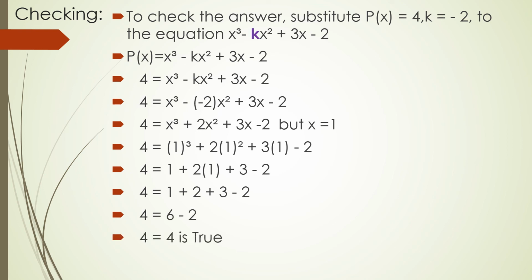And we got a true equation. Because 4 is equal to 4. What does it mean? It means that k equals negative 2 is correct. Diba? So, we have proved that the value of k is really negative 2.